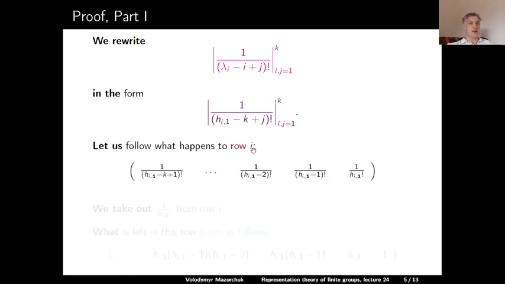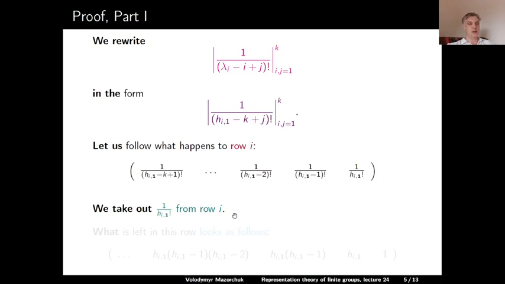Consider now row i. Row i in this notation, reading from right to left, has the first element 1 divided by h_i1 factorial, then 1 divided by (h_i1 minus 1) factorial, then 1 divided by (h_i1 minus 2) factorial, and so on. So we take out 1 divided by h_i1 factorial from row i.